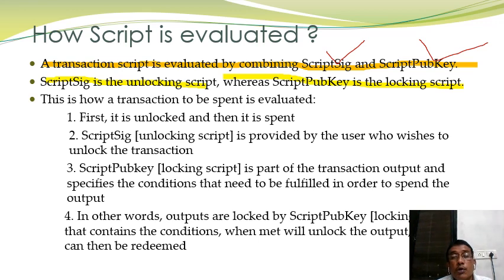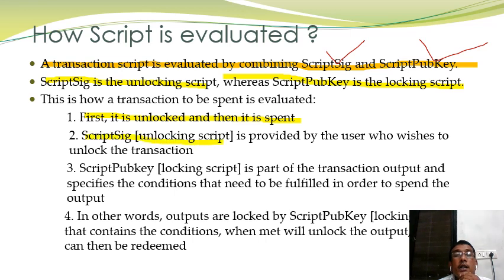So this is how a transaction to be spent is evaluated. There are 4 steps; try to understand these 4 steps. First, the output is unlocked, and then that output is spent. Then the second step is the script signature.